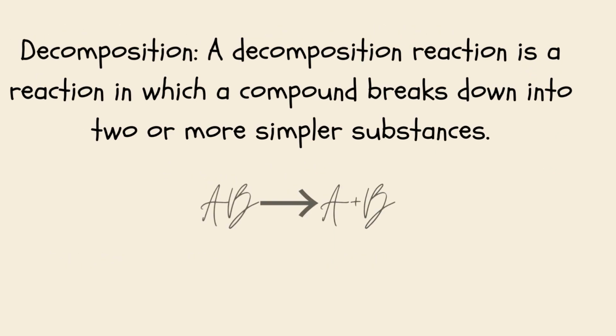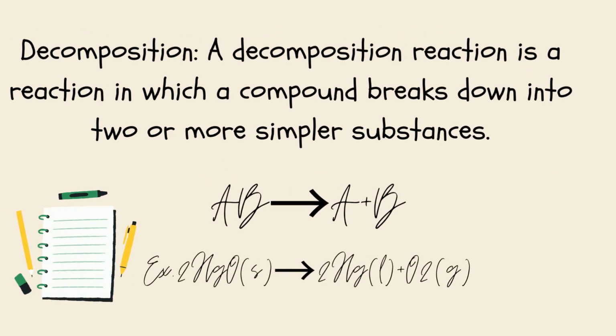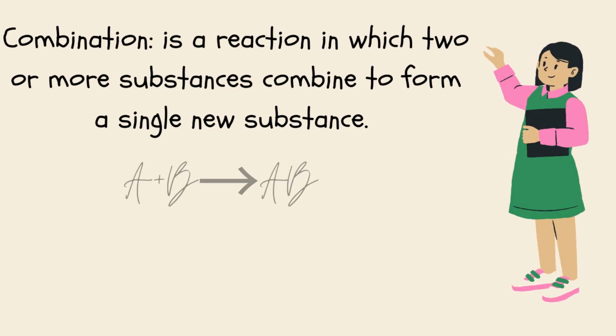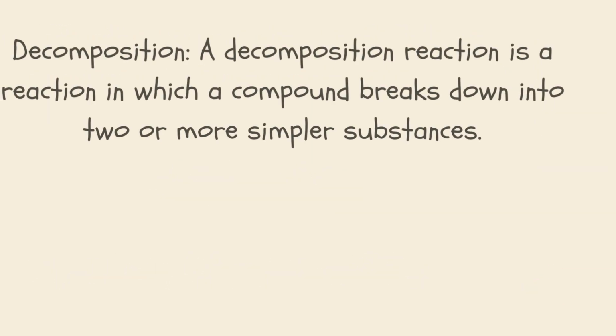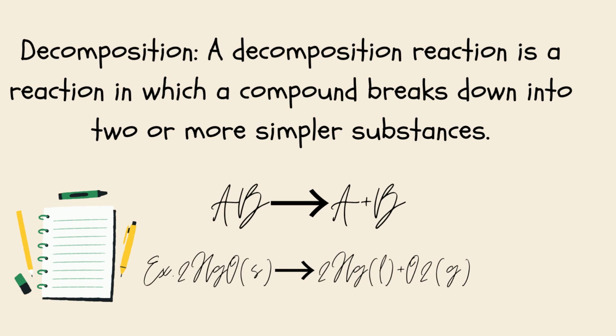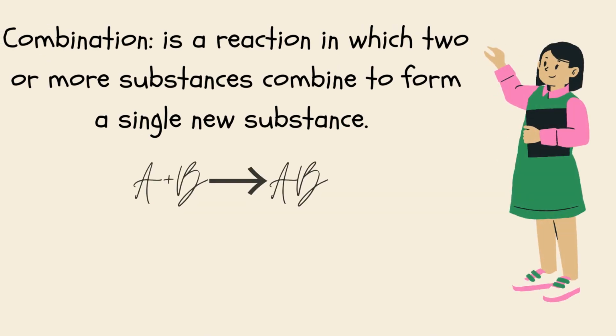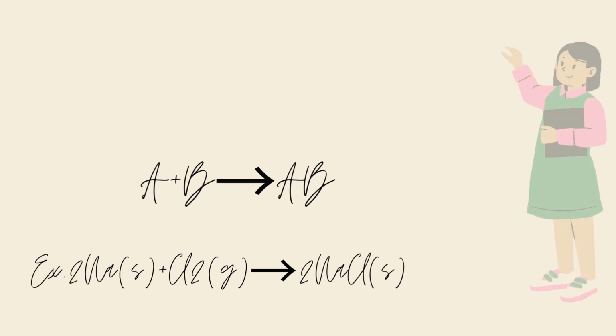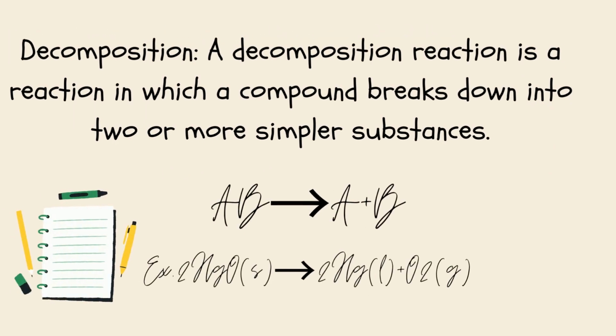Next, we have decomposition. A decomposition reaction is a reaction in which a compound breaks down into two or more simpler substances. So actually, decomposition is the opposite of combination. Here we have AB turns into A plus B, and in combination we have A plus B turns into AB.